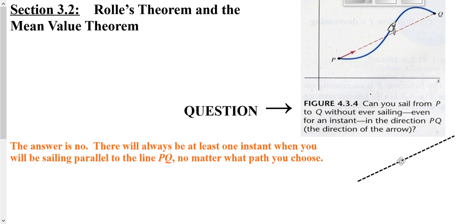So the same direction would be the slope of the straight line path. Well, there would be a situation right here where the slope of our tangent line is the exact same as the slope of our original straight line distance.